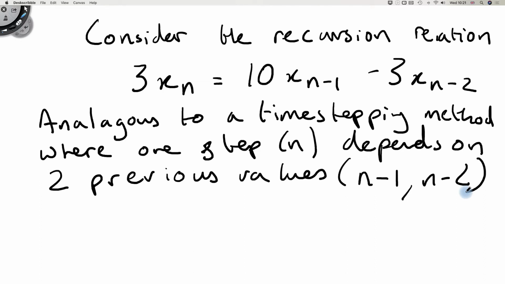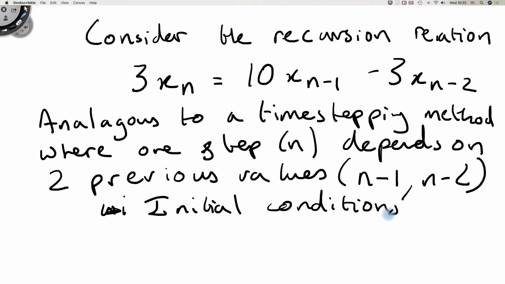Before we go there, we must also state the initial conditions. We have x at n equals 0 is 1, and x at n equals 1 is a third. This is a slightly different type of relationship in that we need two initial conditions.